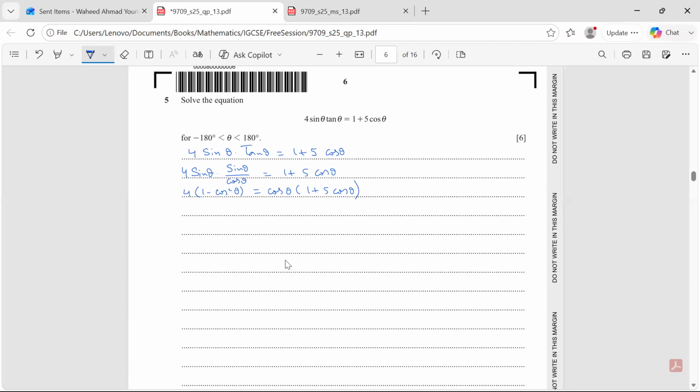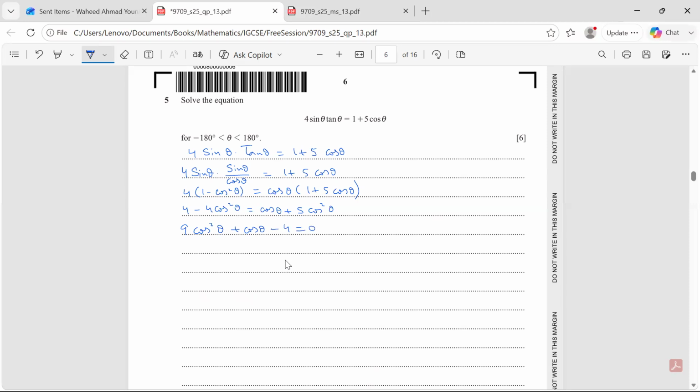So let's see. This is 1 minus 4 cos square theta equals cos theta plus 5 cos square theta. If I bring everything to the right, 4 plus 5 is going to be 9 cos square theta, and then I have cos theta already there, and this 4 will become minus 4 equals 0.